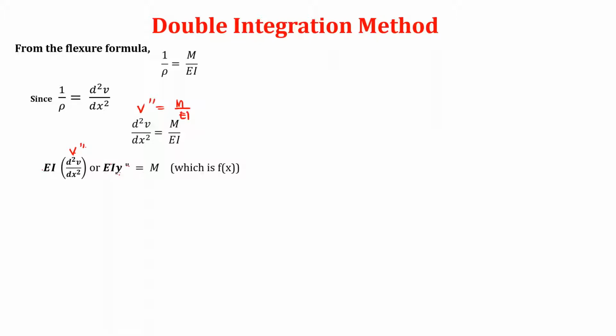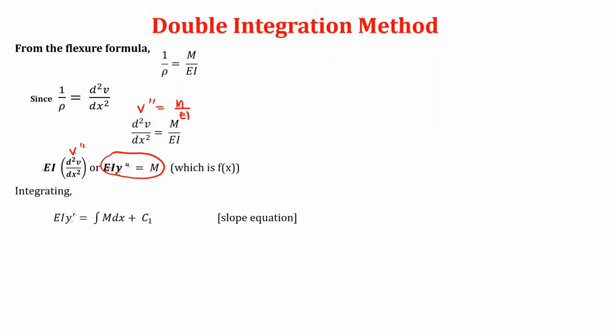So we can say EI y double prime is equal to M. So if we integrate this equation, knowing that E and I are both constants, the integral of y double prime gives back the first derivative, y prime.